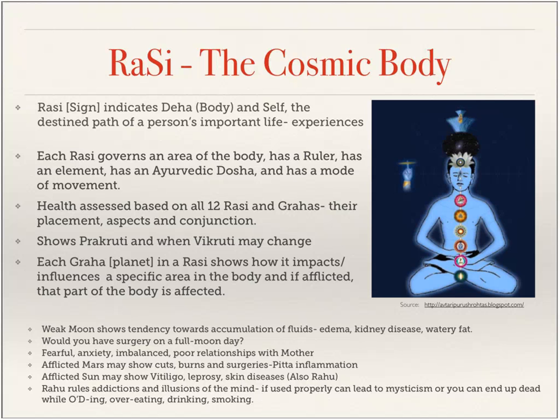Why? Because the moon rules blood, the moon rules fluids in the body, and so on, right? So, for example, if a person had kidney disease, would you have surgery on a full moon day? Perhaps not, right? Because their moon is affected.